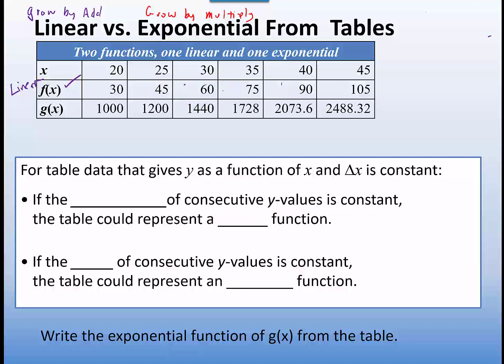Well, let's do the same analysis on G. Now, if it's linear, we have to look at the slope. Okay, but the x's are always going to be incrementing by the same number.